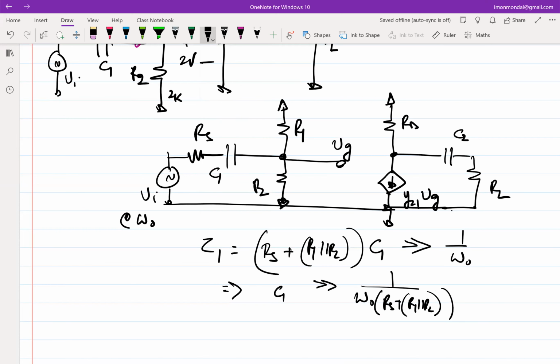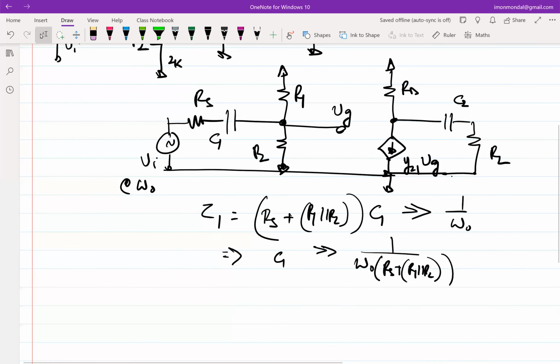Now, let's assume C1 acts as a short circuit, right? So we're approaching the design one step at a time. If C1 acts as a short circuit, then in order to ensure VG is approximately equal to VI, as you pointed out, what do I need to ensure?